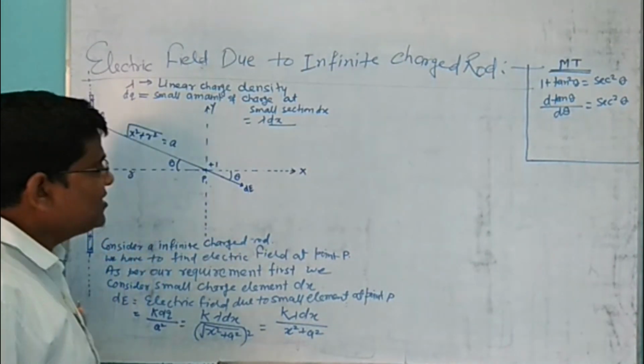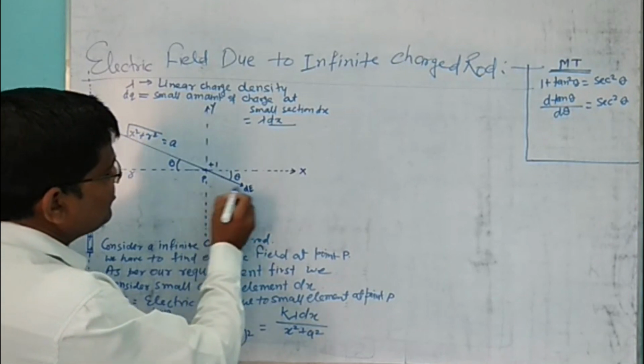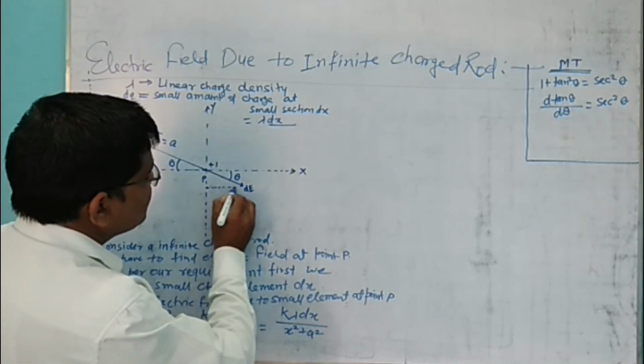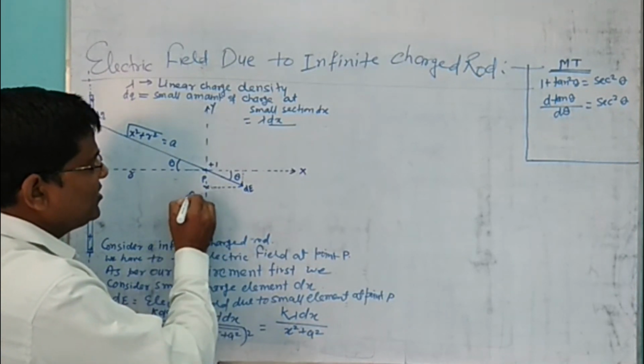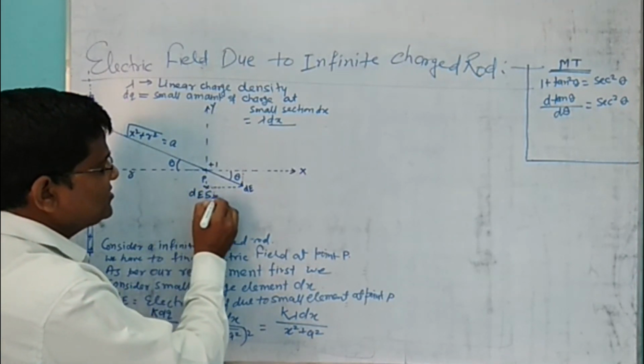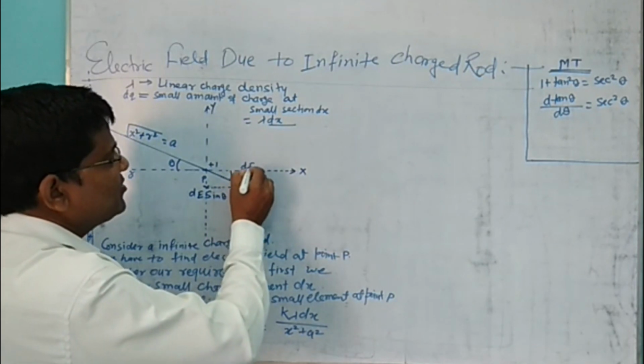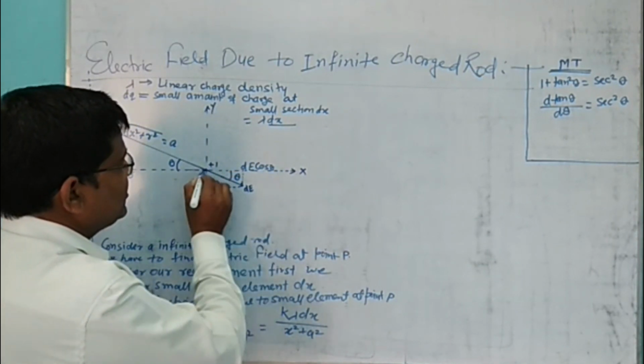Then the vertical component and horizontal component become: the vertical component is dE sin theta, and the horizontal component is dE cos theta.